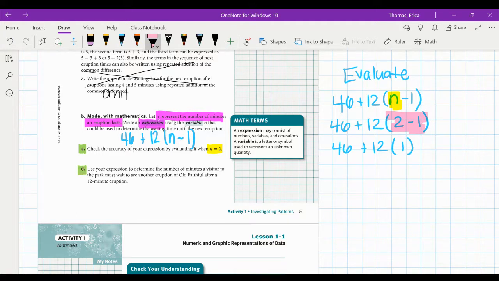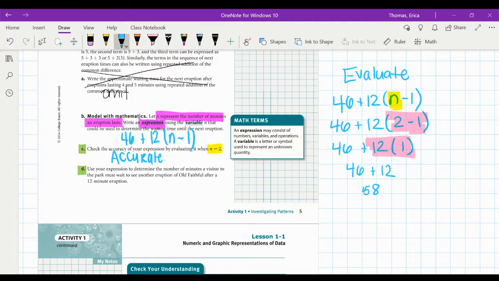Okay, next in my order of operations, I'm going to do my multiplication. So 46 plus 12, 12 times 1 is 12. And then lastly, 46 plus 12 gives us 58, which checks out. So our expression is accurate.